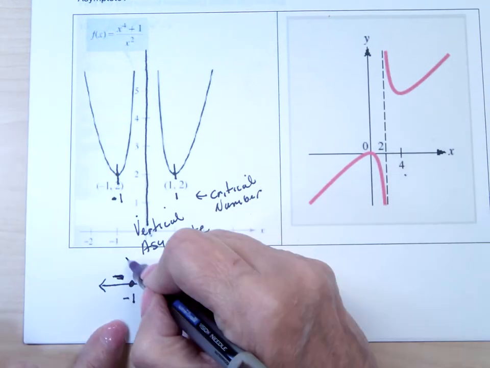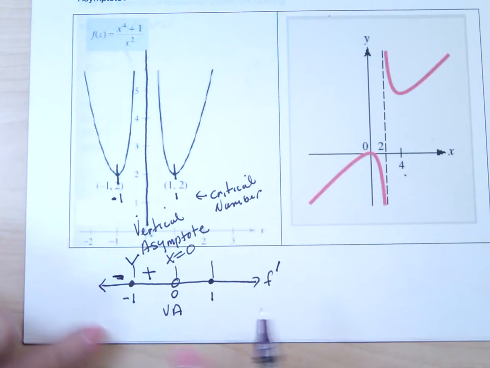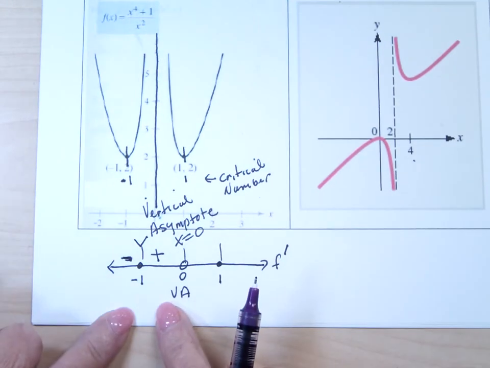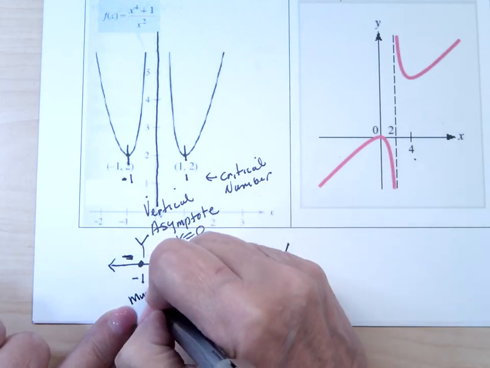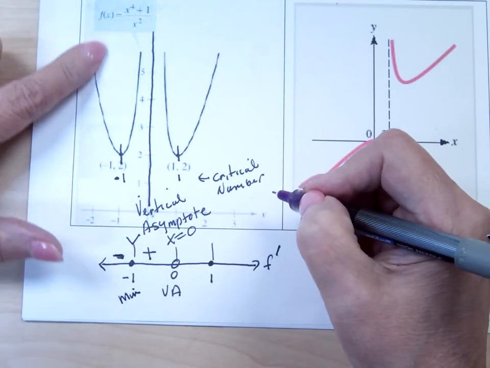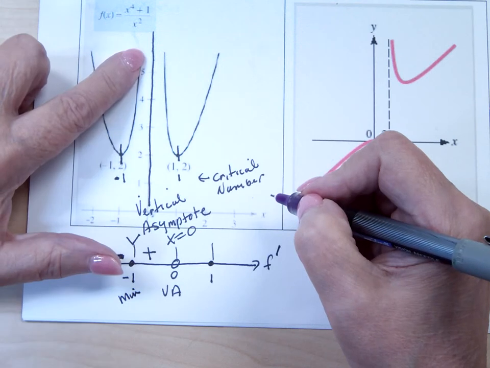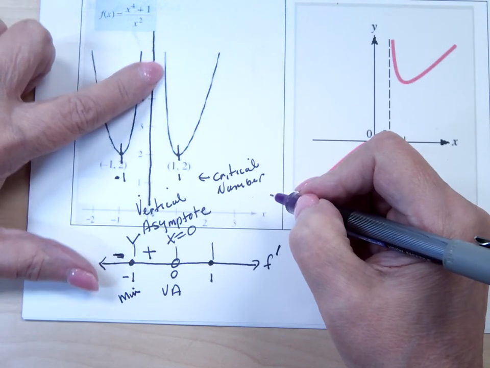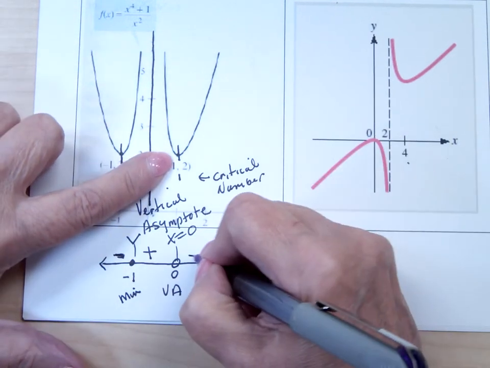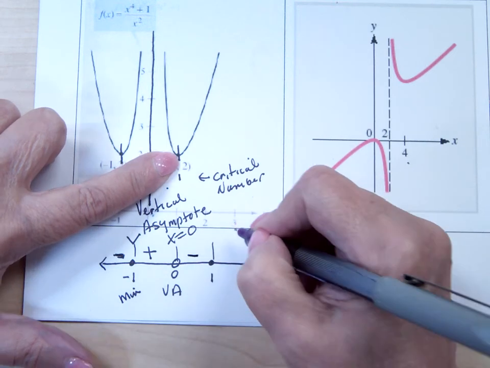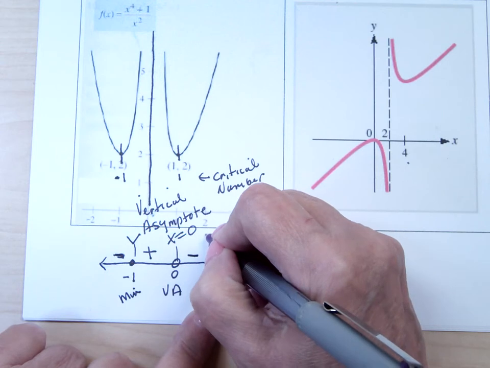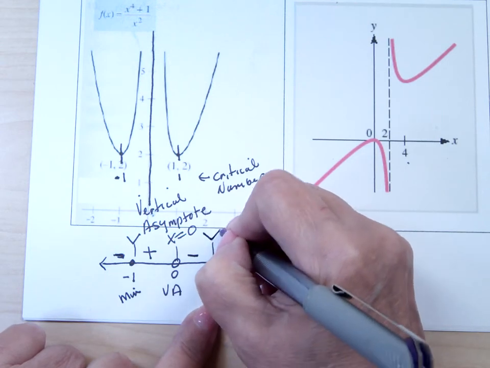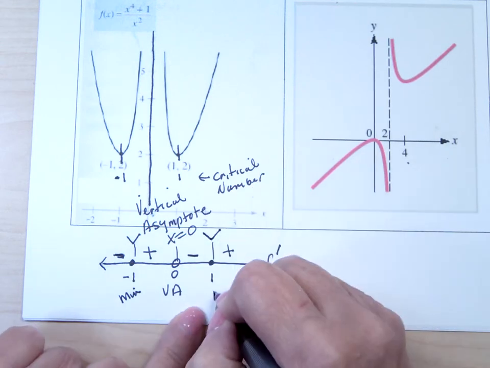Increasing, decreasing, increasing says that if I just go off of the number line, x equals negative 1 is a what? Minimum. Decreasing, increasing. Then I come to the other side. Decreasing, increasing. x equals 1, decreasing, increasing is a min.